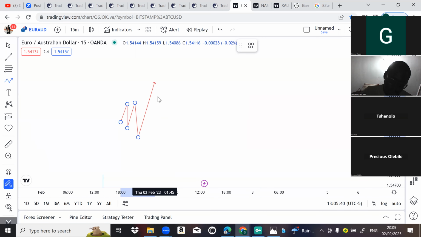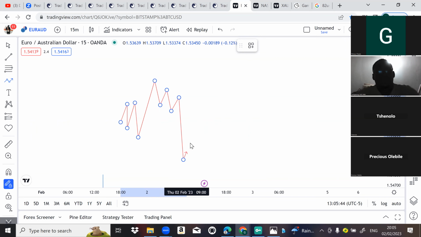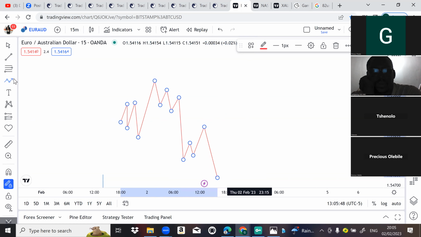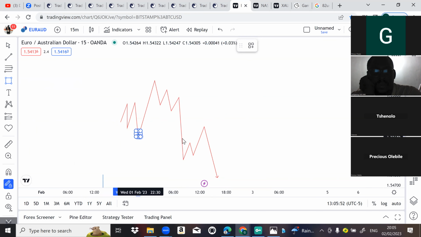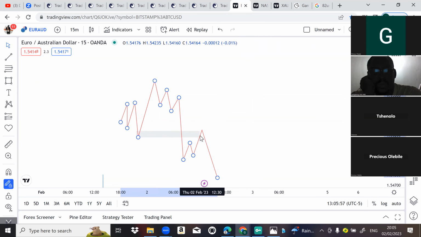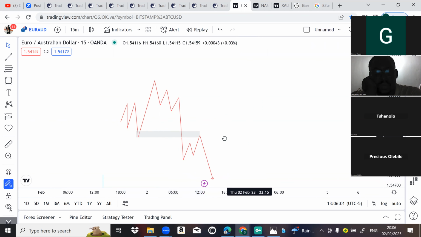This one is a break. 1, 2, 1, 2, 1, 2. That makes a breaker block. This one is a breaker.